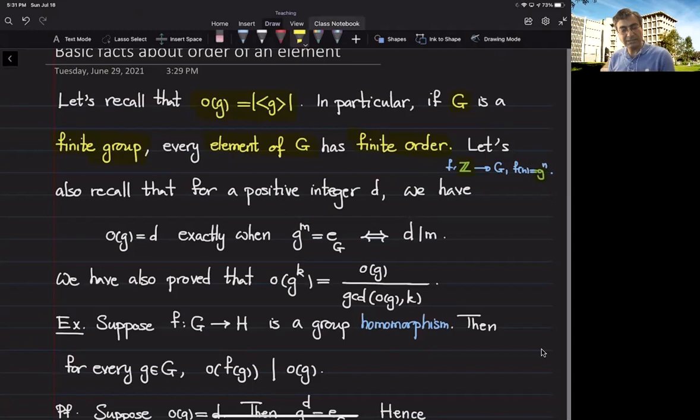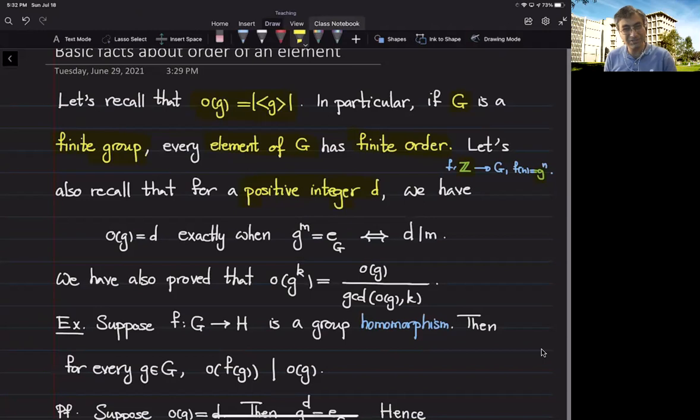Now, alternatively, we can say the following, and that's the main thing that you should remember about order.